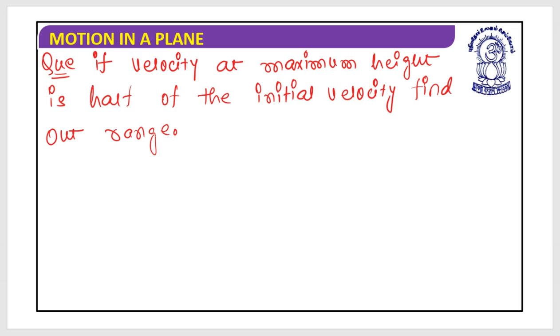Yes, this is what they require. If the velocity at maximum height is half of the initial velocity, find out the range. How should I do this?